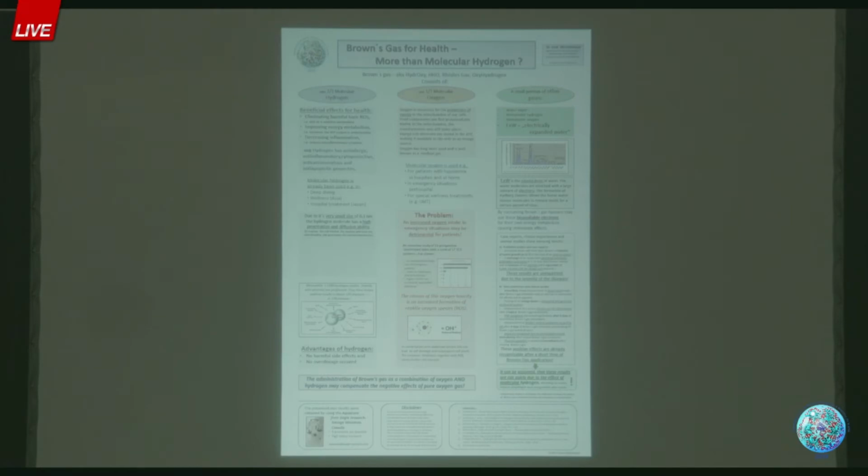And this leads to more complications, a higher infarct size, more arrhythmias, and at least a higher mortality. That's why it might be a good idea to combine the hydrogen with the oxygen with Brown's gas, because hydrogen might compensate the negative effects of pure oxygen gas.